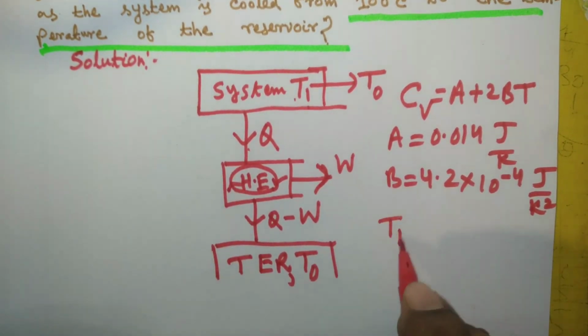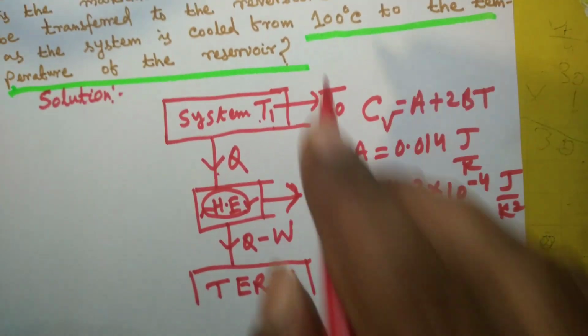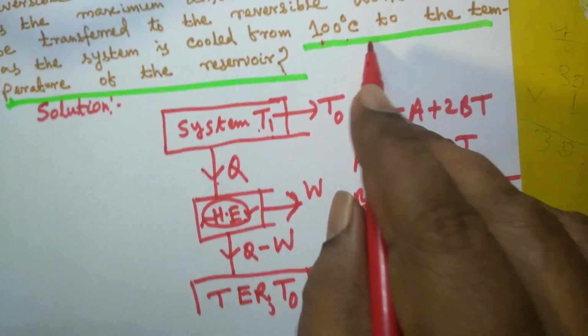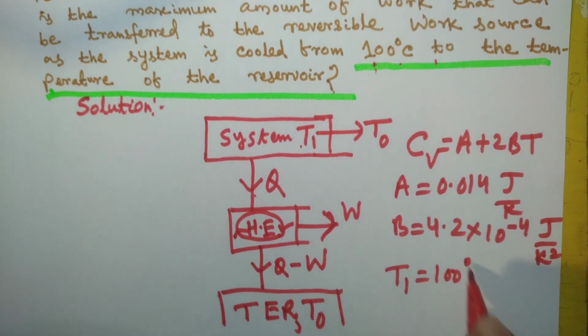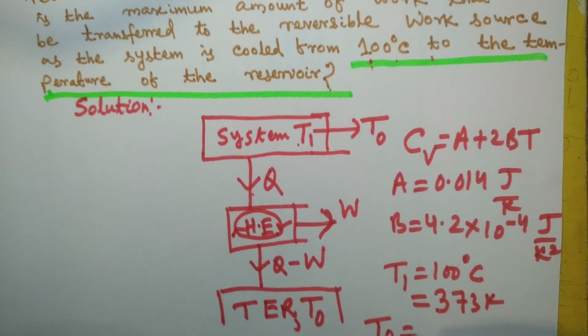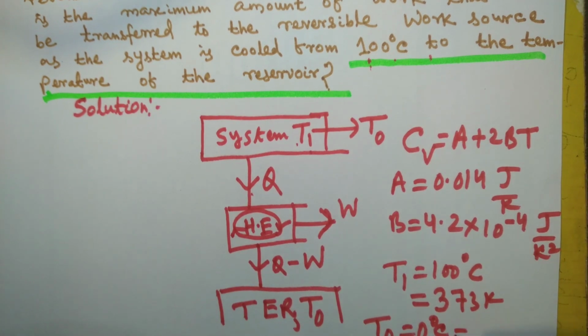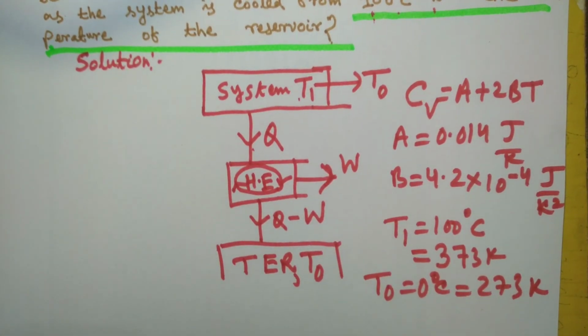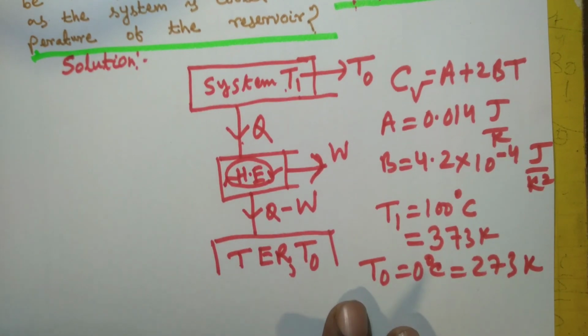Here T1 is 100 degrees Celsius. It is written in the last sentence of the question, 100 degrees Celsius. And in terms of Kelvin, this will be 373 Kelvin. And T0 is 0 degrees Celsius. This is 273 Kelvin. So we have to find out the maximum work done.